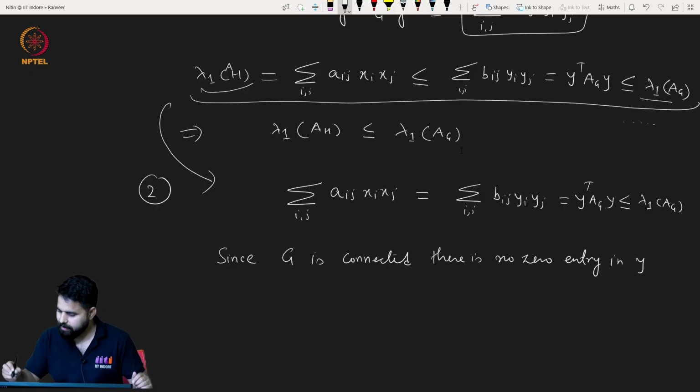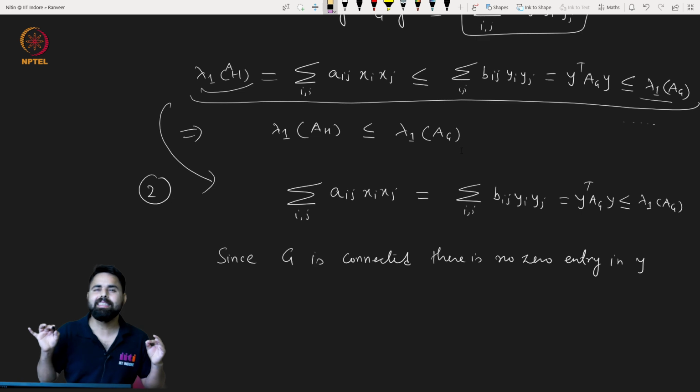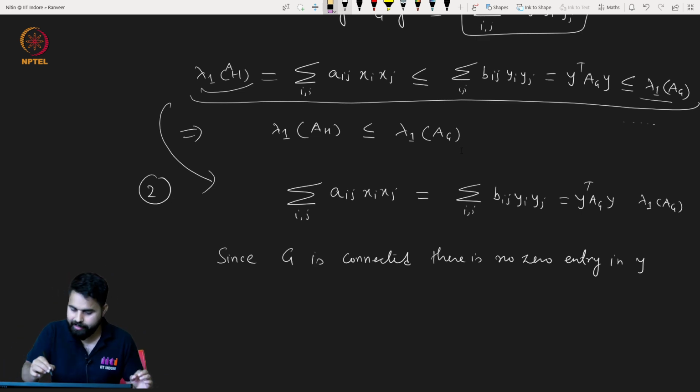Before that, because this is equality everywhere, this will imply that y is an eigenvector of A_G for lambda 1.